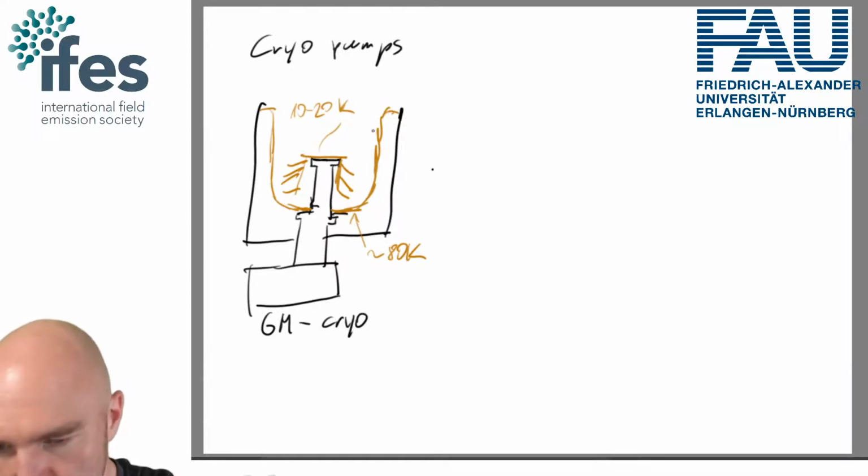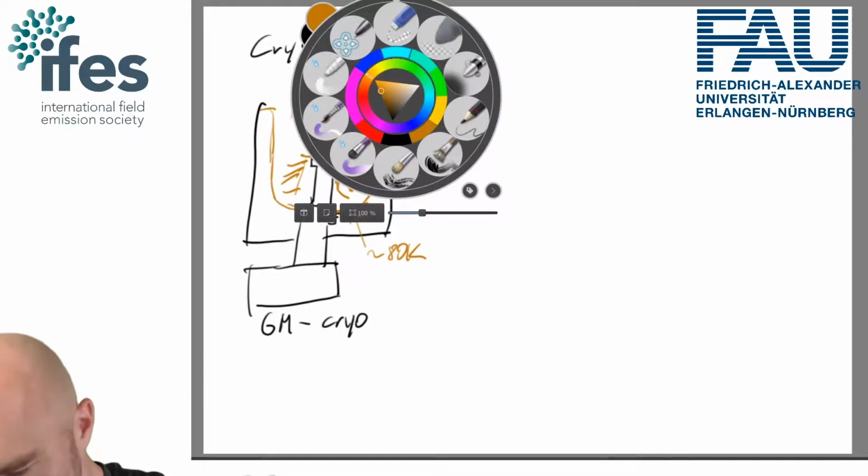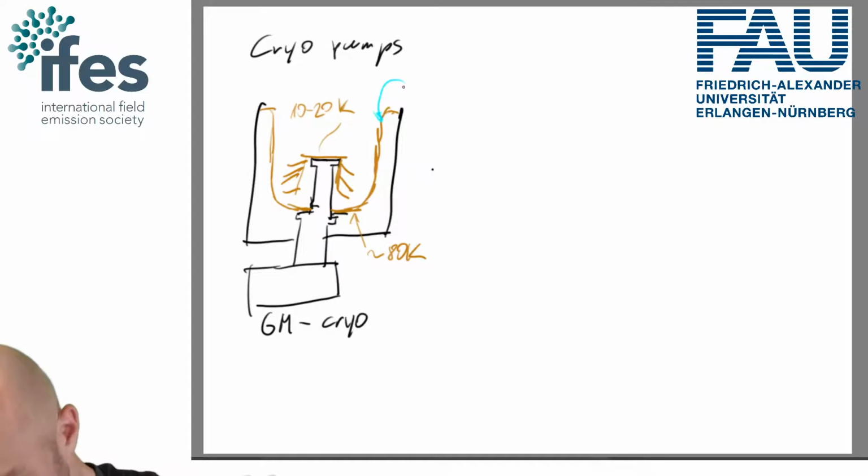So you get some sorption of mostly water, that also already sticks at 80 Kelvin, and things like nitrogen, argon, CO, CH4, and so on, that will stick on the inner part here.